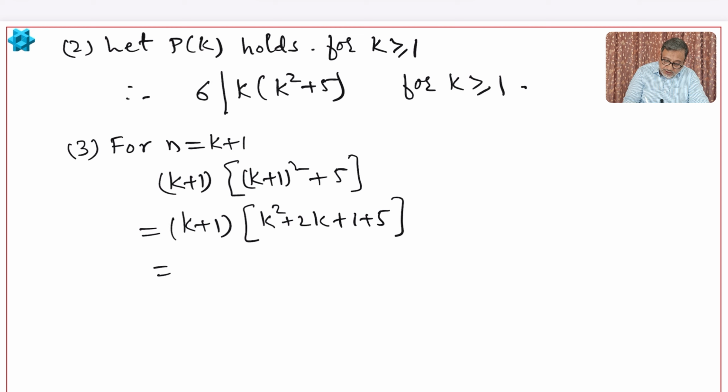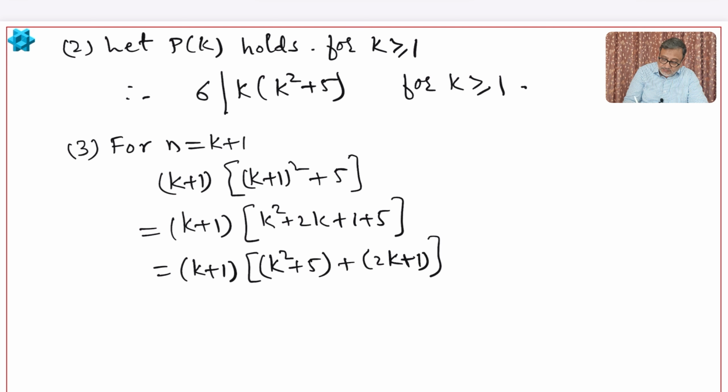So it will be (k+1) into the second bracket (k² + 5). I am separating k² + 5 so that I can use the statement, and 2k + 1 I will write separate.